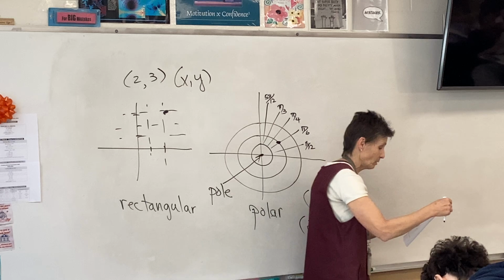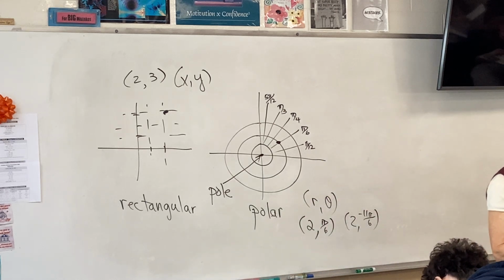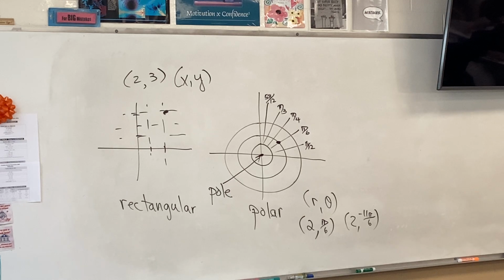Plot and label the following polar coordinates on the grid. All right, so he has labeled your special angles. And he wants you to plot 2 comma pi over 3. Can you do that? Easy. Call it A. Make sure you label it A. Put a point there and call it A. Watch your scale.